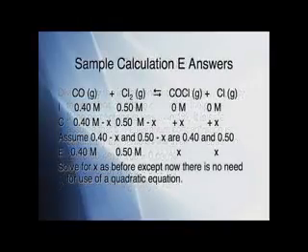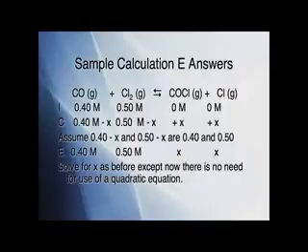Now, when we set up our ice chart using the 1% rule to determine whether we're going to use a quadratic or not, essentially the change here is we're going to assume that the 0.40 minus x and the 0.50 minus x are 0.40 and 0.50. So at equilibrium, we would have those same concentrations, 0.40 moles per liter of carbon monoxide and 0.50 moles per liter of chlorine.